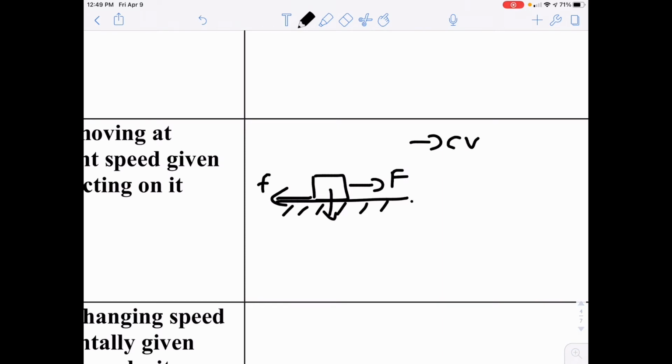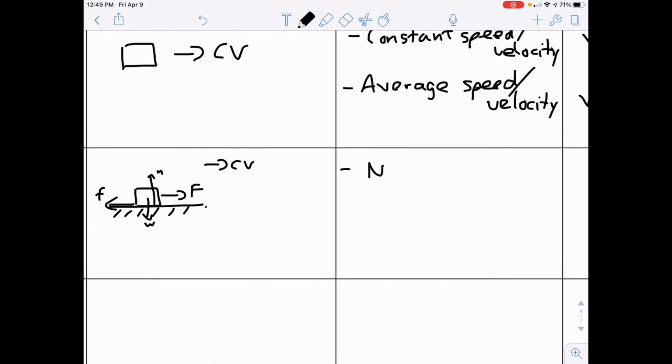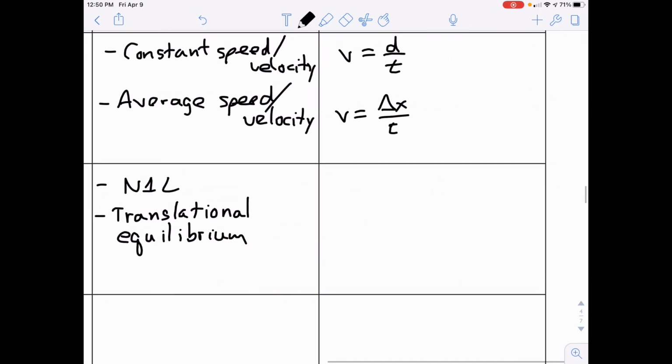Yes, there'd be weight, and yes, there'd be normal force, but they don't contribute to the motion. The concept would be Newton's first law, because constant velocity is a balanced force situation. We're not accelerating. This would be known as translational equilibrium, and that would simply be forces left equal forces right.